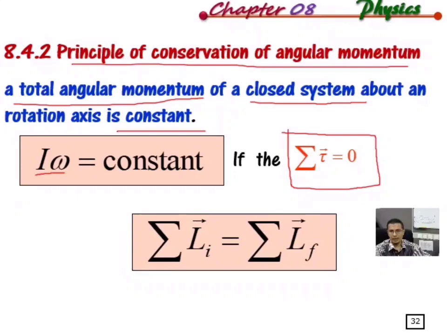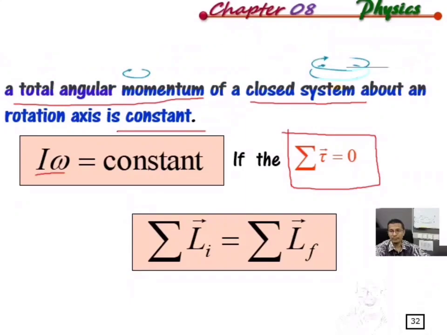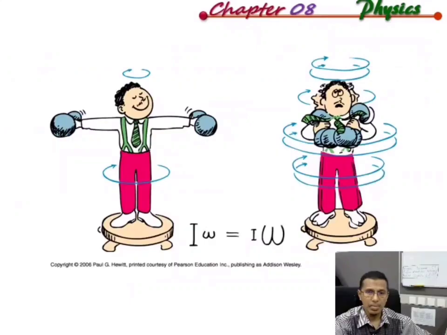And usually we apply this principle to bodies in rotational motion, such as a ballet dancer, a spinning top, or any rotational motion in a closed system where there is no slowing down of motion by frictional force and torque.